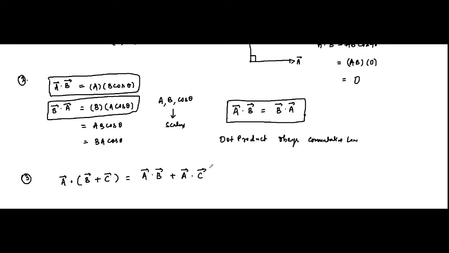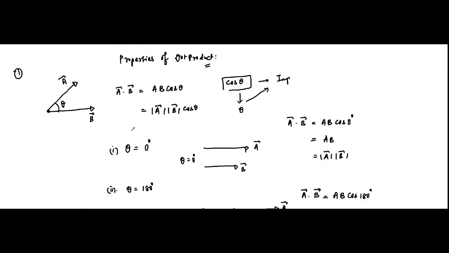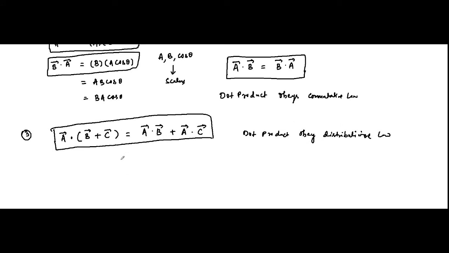So what we are trying to say is that the dot product or scalar product obeys distributive law. This is the third important property related to dot products. Okay, so this is the first, this is the second, this is the third.